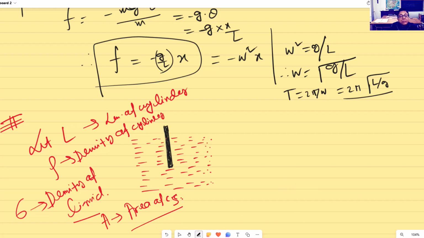Now, suppose the length submerged be L0.